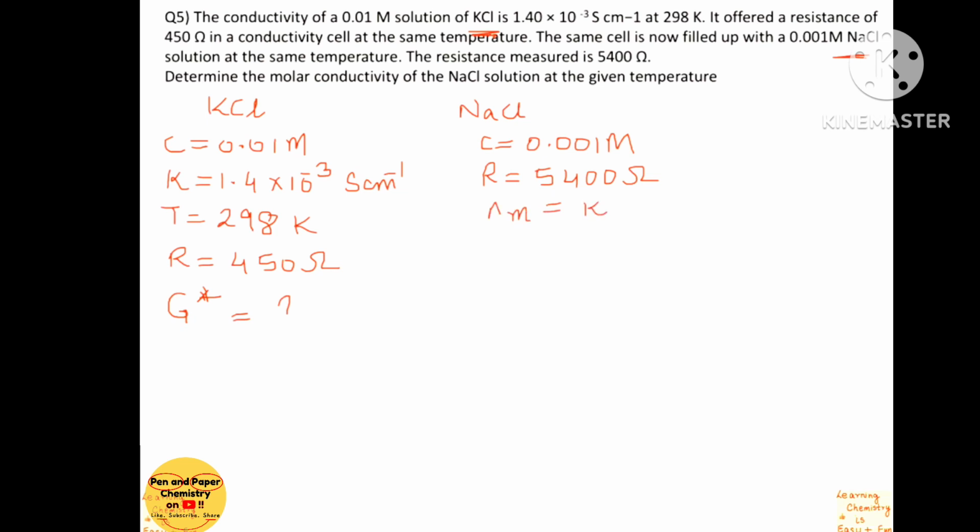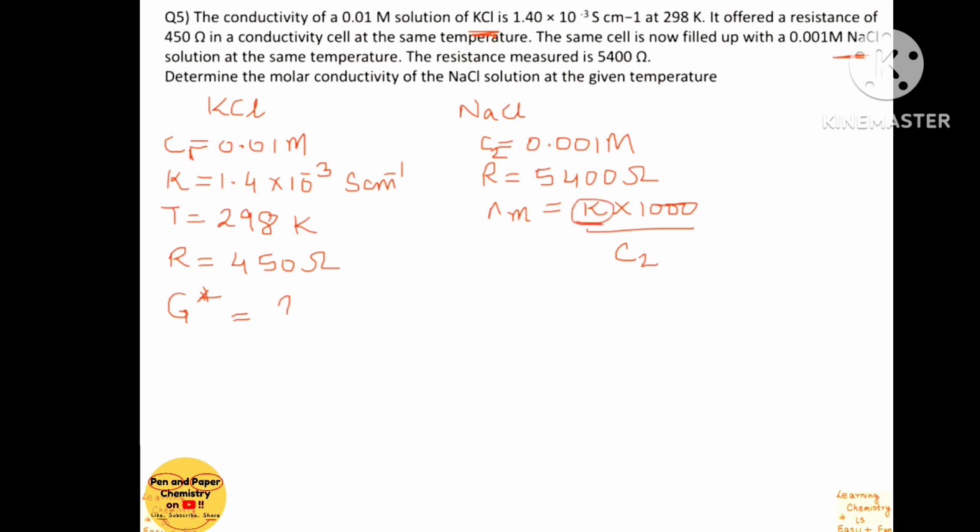Now for molar conductivity, we know that we need the conductivity of the solution into 1000 divided by the concentration. So just to distinguish between the two concentrations, let's put a small 1 and 2 at the bottom so that we know which solution we are talking about.